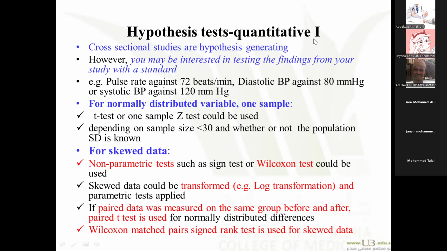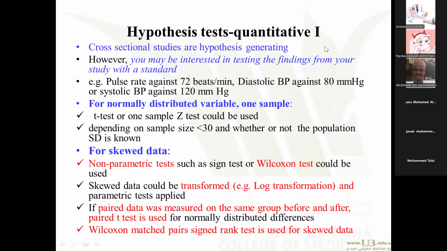For example, you took some biometrics and some physicals like pulse rate, BP, systolic and diastolic.